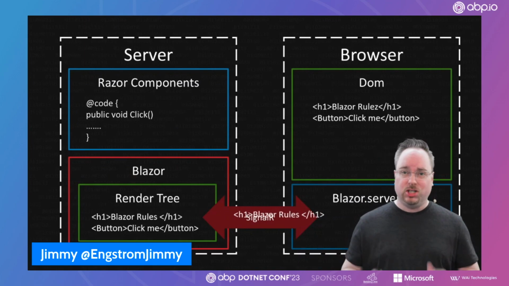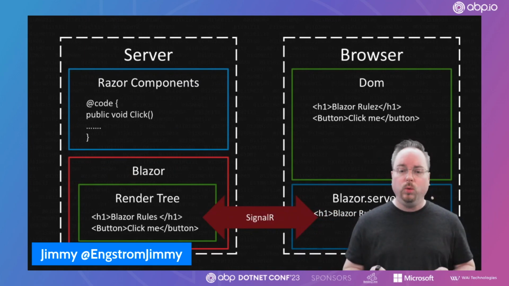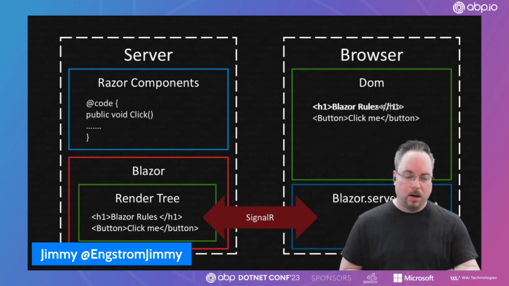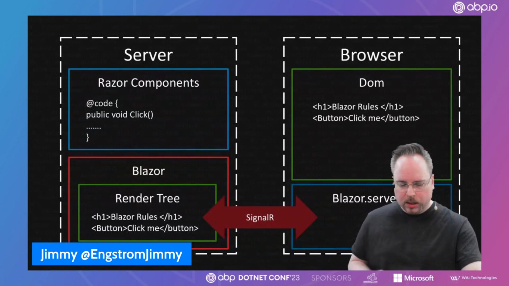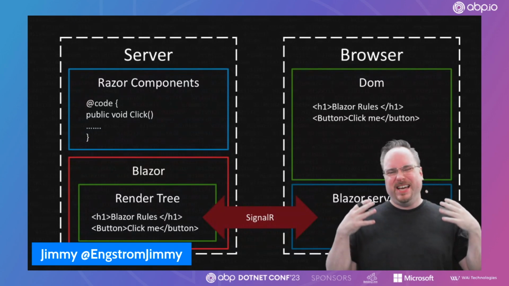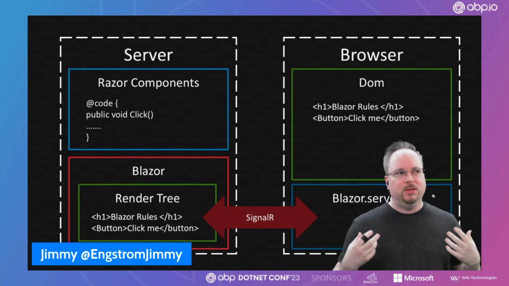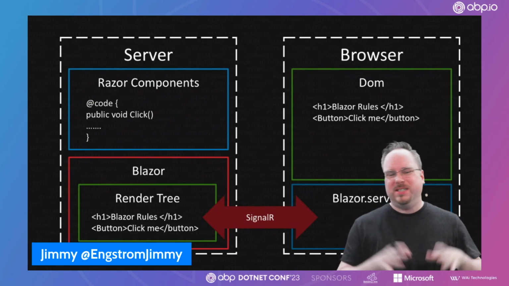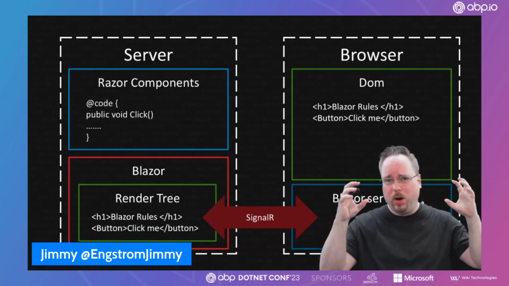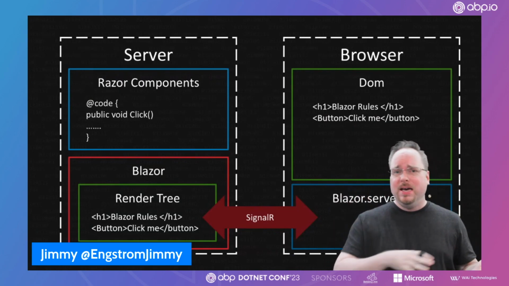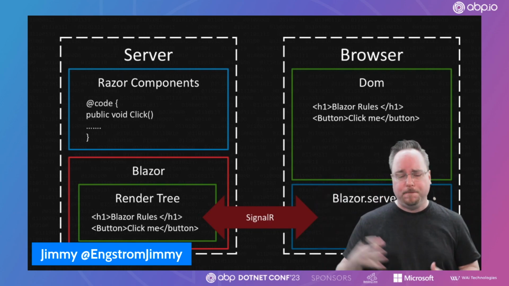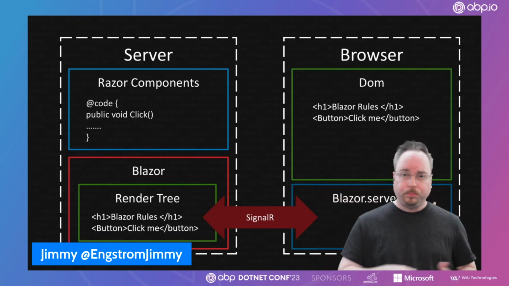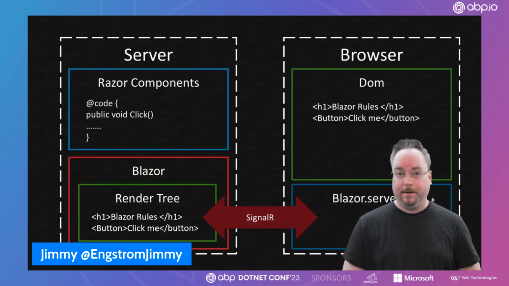So it's going to push that change and that change only over to the JavaScript and then the DOM. Now, this representation isn't entirely true because it's not going to push over the H1 tags and stuff like that. It's going to push over a much smaller piece of data.